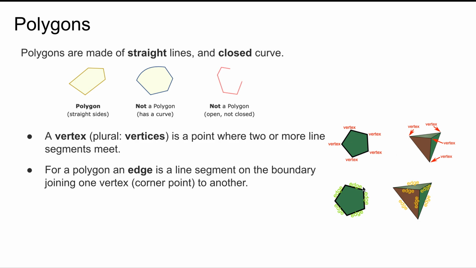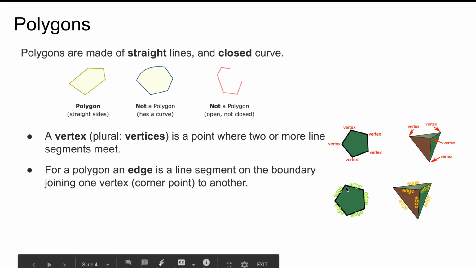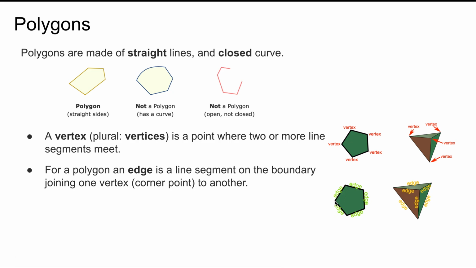Okay. For a polygon, these are the edges. The edge is a line segment on the boundary joining the vertices. So an edge is connecting both endpoints. So it's very similar to a line segment, isn't it?